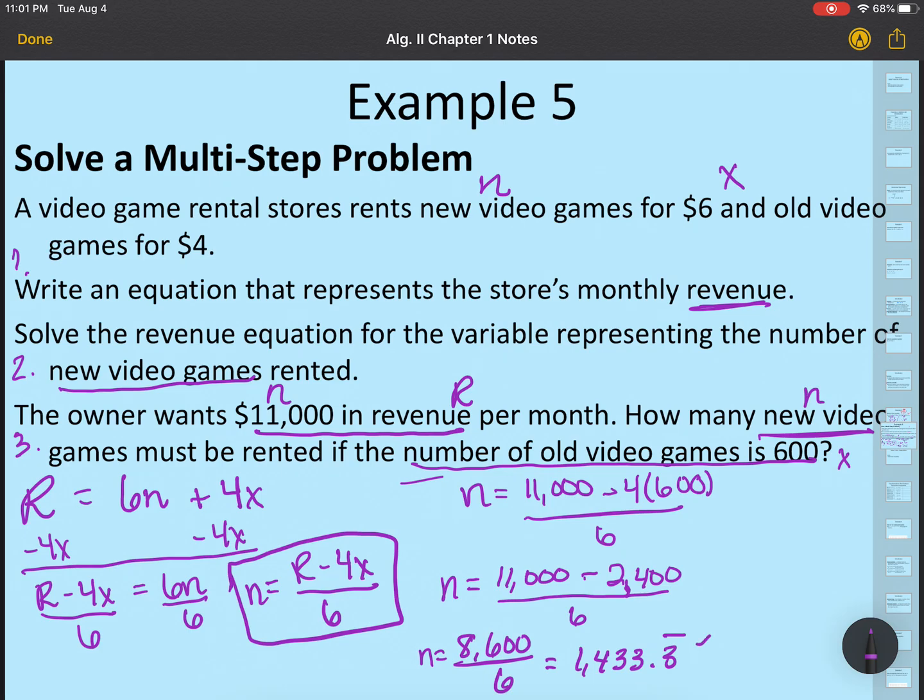So to get the revenue that they need, more than 1,433 video games. So they need at least 1,434 new games. If I just had 1,433, they might not have met that $11,000 in revenue. So that's why I needed to round up and not down.